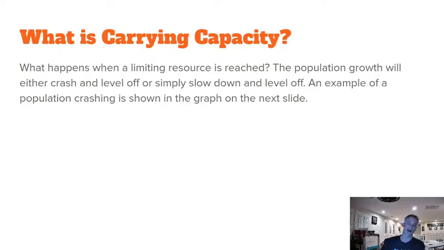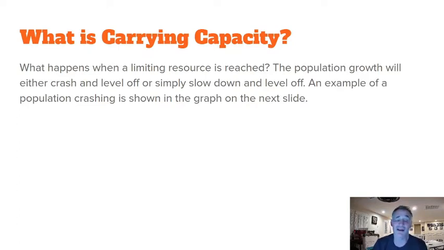It'll either come crashing down if the population gets too high over carrying capacity, it'll have to come back down, or it'll start to level off. It'll slow down and kind of level off, and you might get this kind of wavy line with it moving along carrying capacity, so it could go a little bit above carrying capacity, a little bit below carrying capacity, but it's going to level off somewhere near carrying capacity.